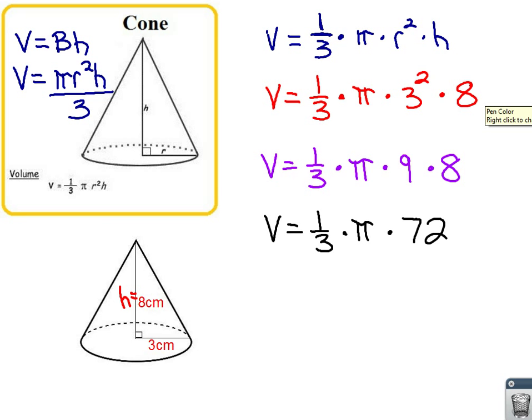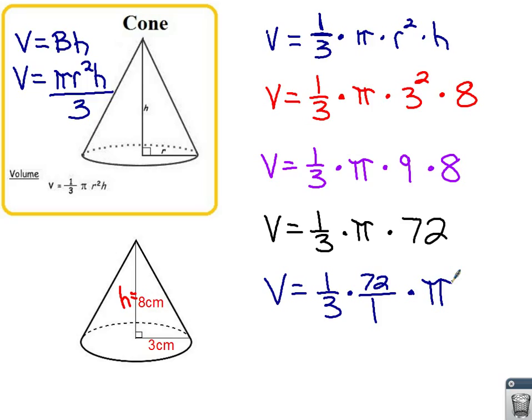Now, we need to figure out what 1/3 of 72 is. A couple different ways. Not really a fan of the calculator right now. The numbers aren't horribly big. So we could take our fraction of 1/3 and multiply it by a fraction of 72, which is 72 over 1, and then we can attach our pi to the end.